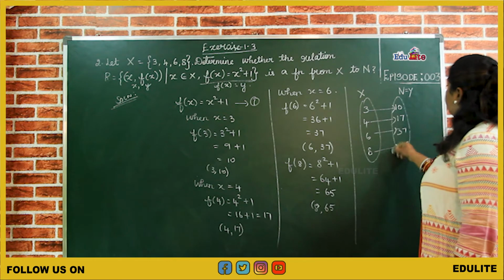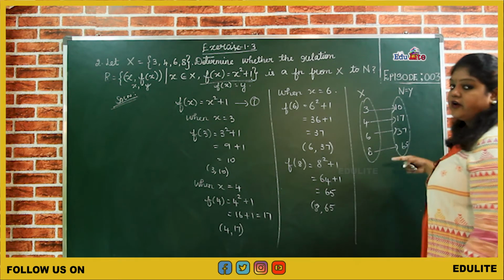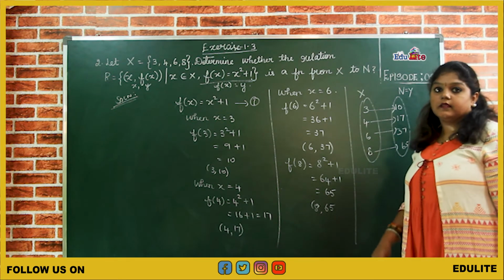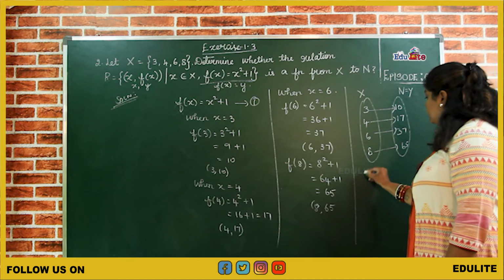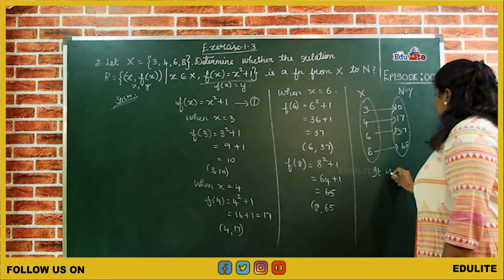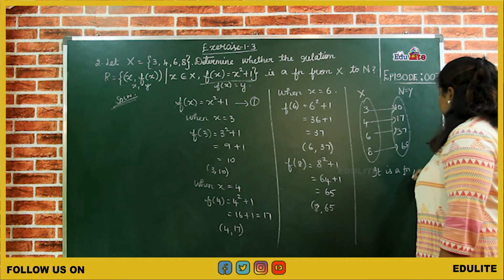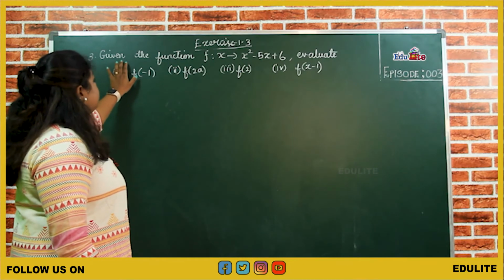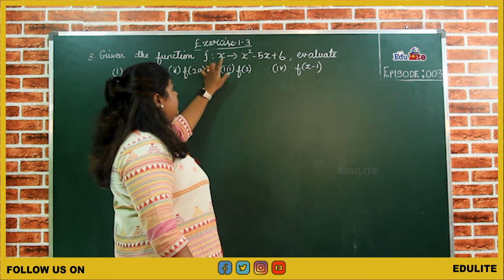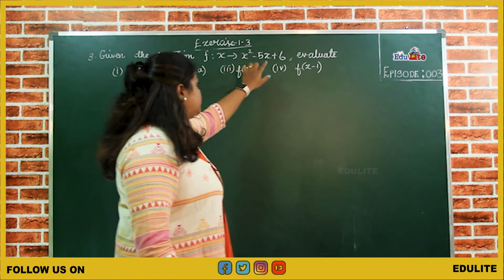Whereas 10, 17, 37, 65 are all natural numbers. Therefore, it is a function.